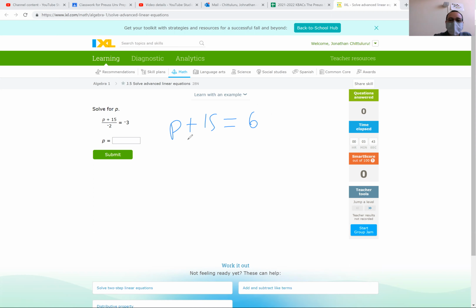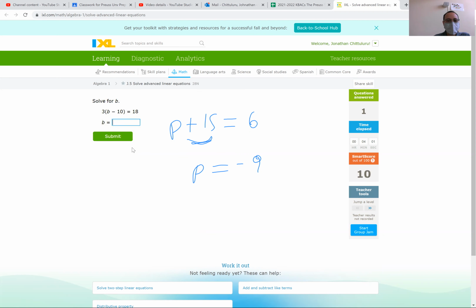Now we're adding 15 on the left, so we subtract 15 from both sides. We get P equals 6 minus 15, which equals -9. That should do the trick. Let's go ahead and see. Boom, there we go.